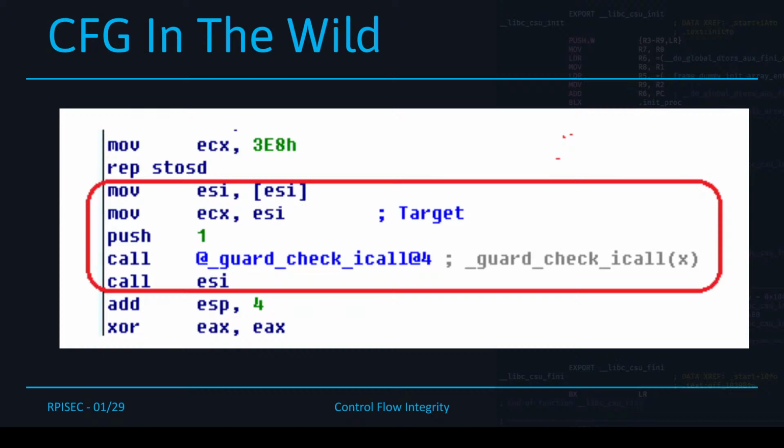Here's every valid function that I want to be able to call, and I don't want to be able to call any other code. But when you're returning from a function, this isn't going to work as well because you're not calling it, and so it can't verify that code. And also, oftentimes you're returning to the middle of a function, so you can't whitelist at the function level in the same way.